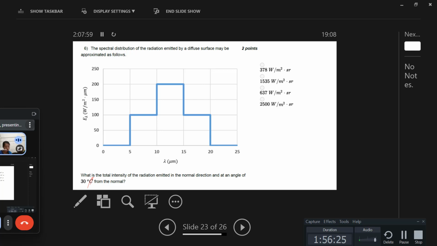So this total intensity is given by the integral of E lambda d lambda. So E lambda is given on the y-axis and lambda is the x-axis. So the integration of this is simply the area of this curve, by this graph.